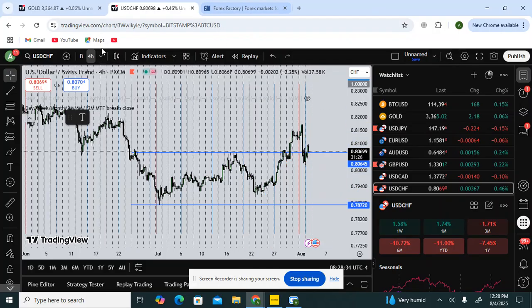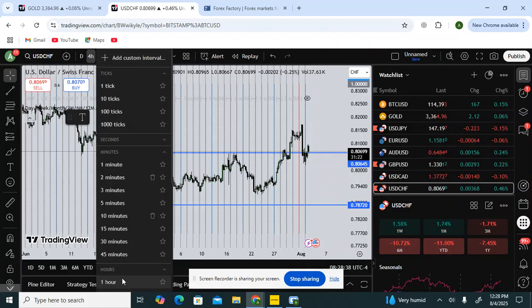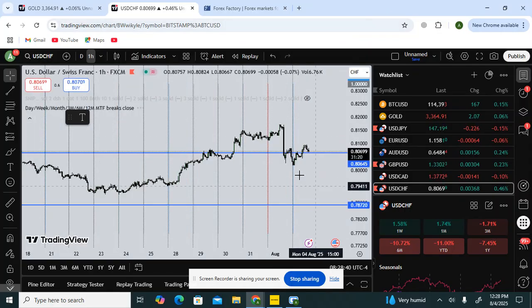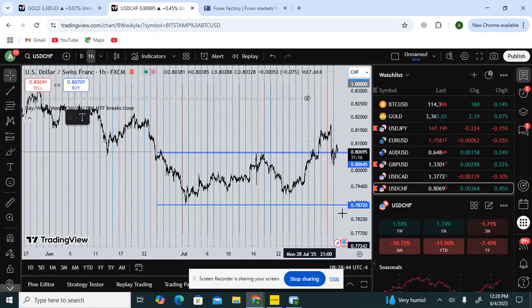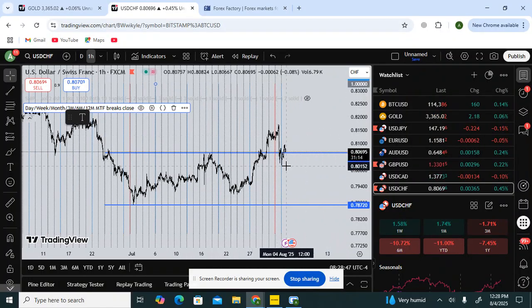Let's go down deeper and you see what is happening. Like I told you, I'm a Stacey Burke trader, and on this setup you can see this is a first red day.